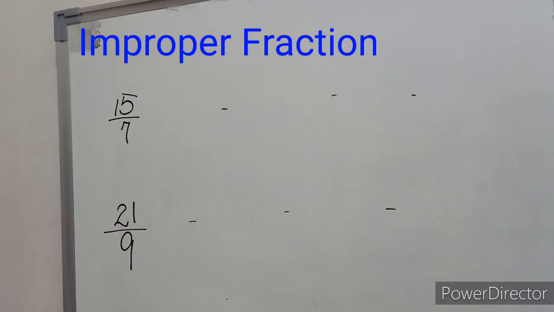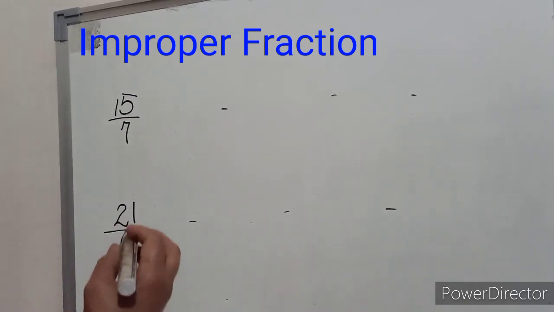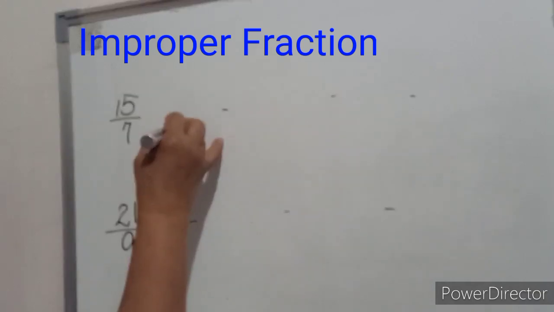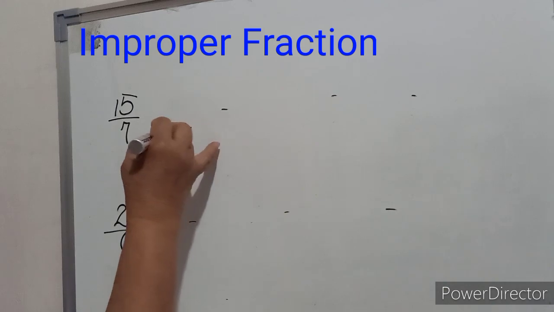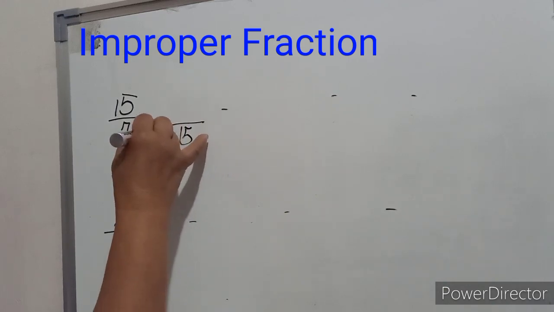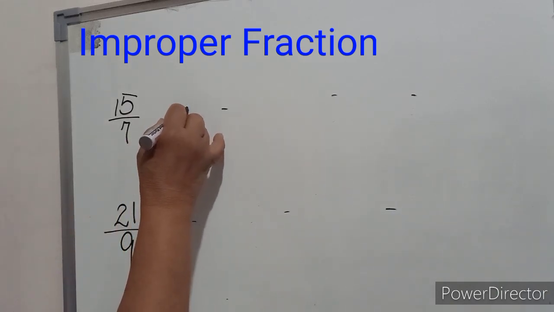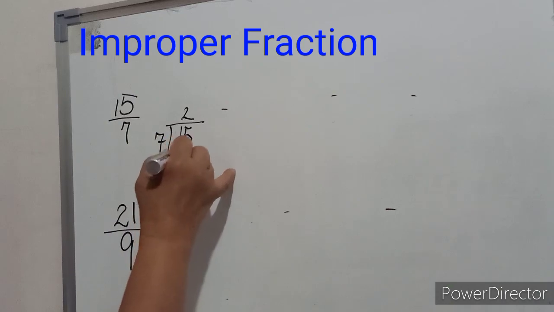How do we do that? It is as simple as dividing our numerator, 15, by the denominator 7. 15 divided by 7 will give us 2. 2 times 7 is 14.